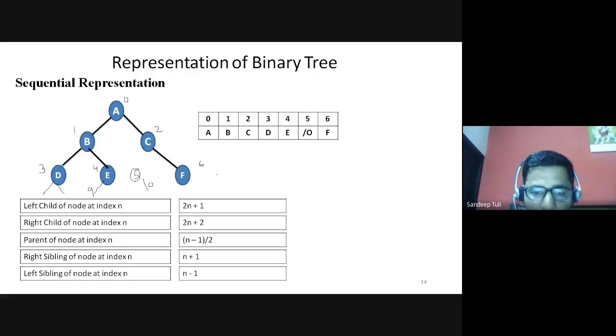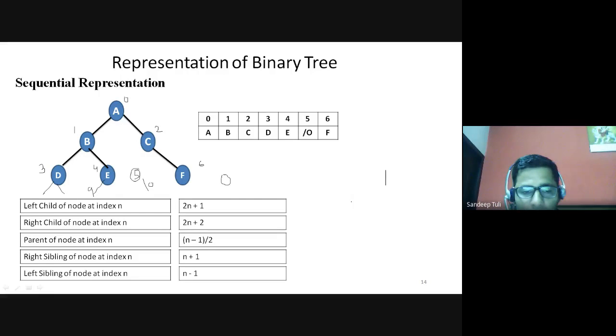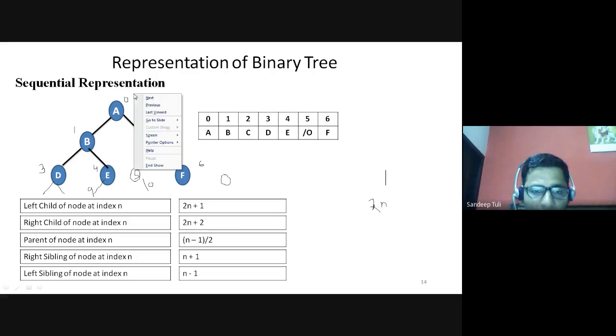It is only when the indexes start from 0. The whole formulas will change when we assume that index starts from 1. And the changes will be, tell me, in the case of left child, first का formula क्या होगा? No, it is only 2n. For like now it will be like this actually. इसको रेड कलर से करते हैं हम लोग.